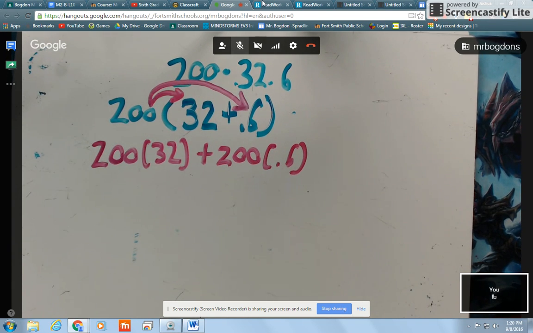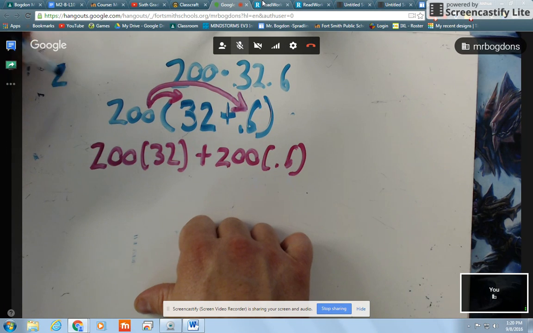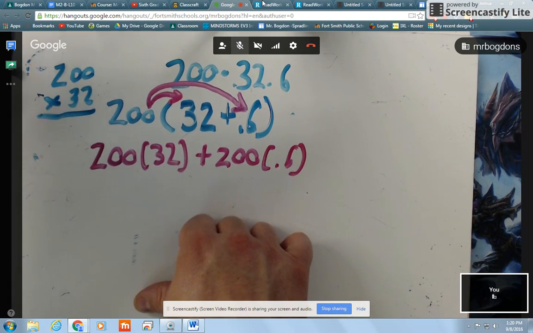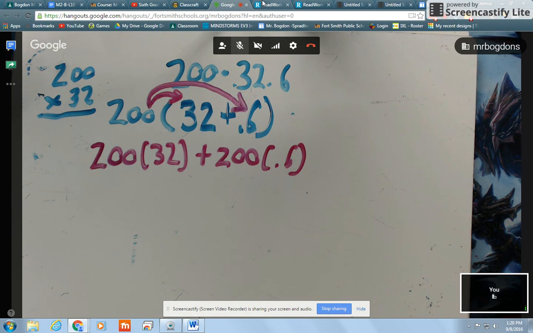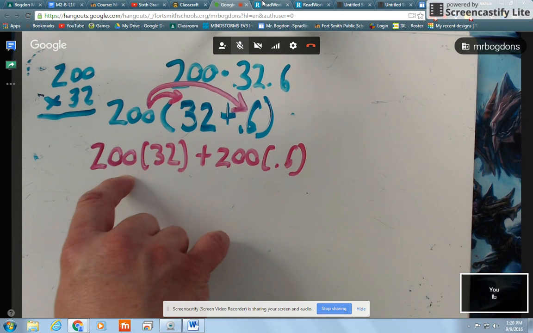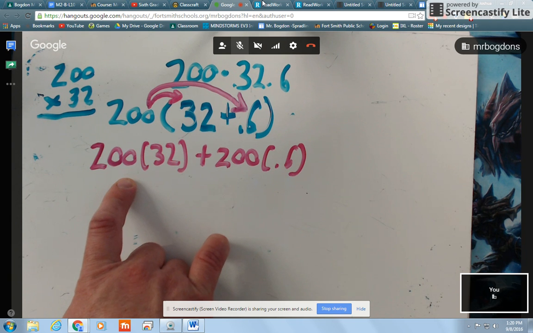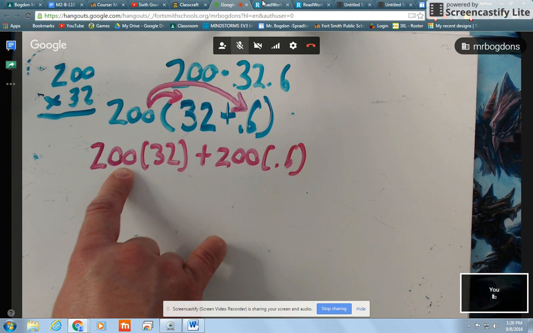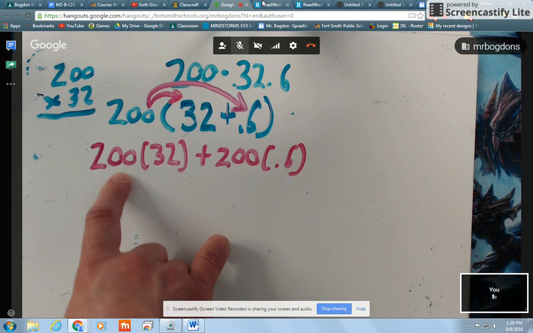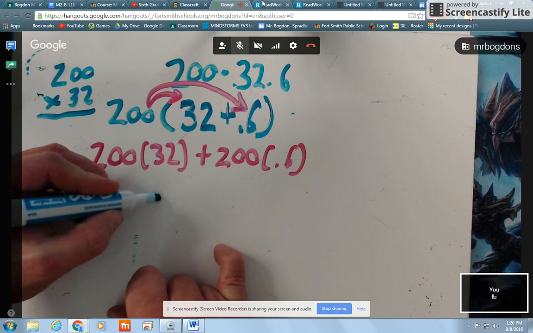Okay, so I could write this out in standard form or standard algorithm and multiply like this, but I don't really want to. I want to use what I know about math to make my life easier. Most of you should recall that whenever you're multiplying numbers and you see zeros at the end, before I multiply, can't I just write those zeros?